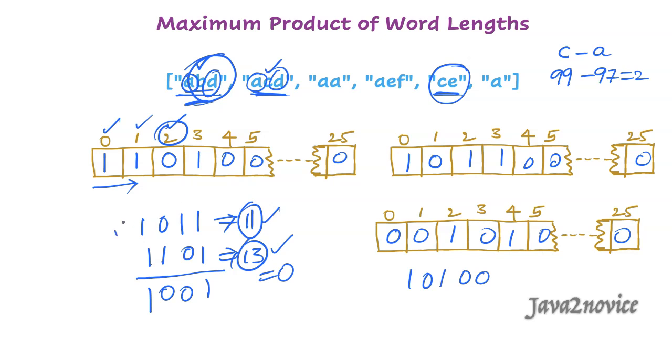Its binary number is this, 1, 0, 1, 1. If we apply the bitwise AND operation, 0, 1, 0, 0, 1, 0, 1, 0, 0, 0, 1, 0, none is one, it is 0 here, which is 0. So the result is equal to 0, which means these two words do not have any common characters between them.